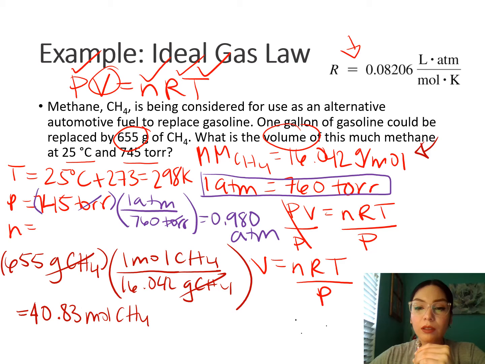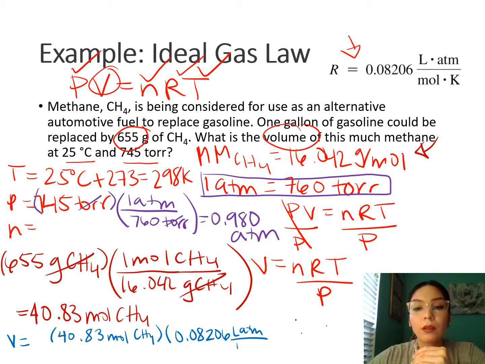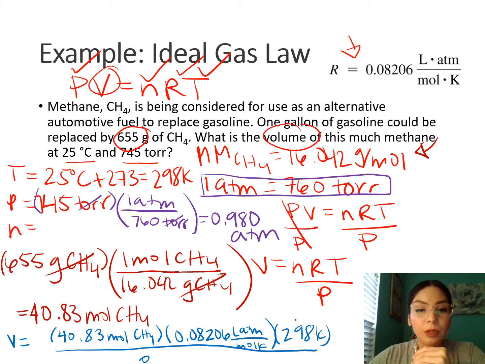So I'm going to write it in a different color. Now we have V equals our moles, 40.83 mole CH4, times the R constant, times the temperature, which was 298 K, all divided by our pressure, which was 0.980 ATM.